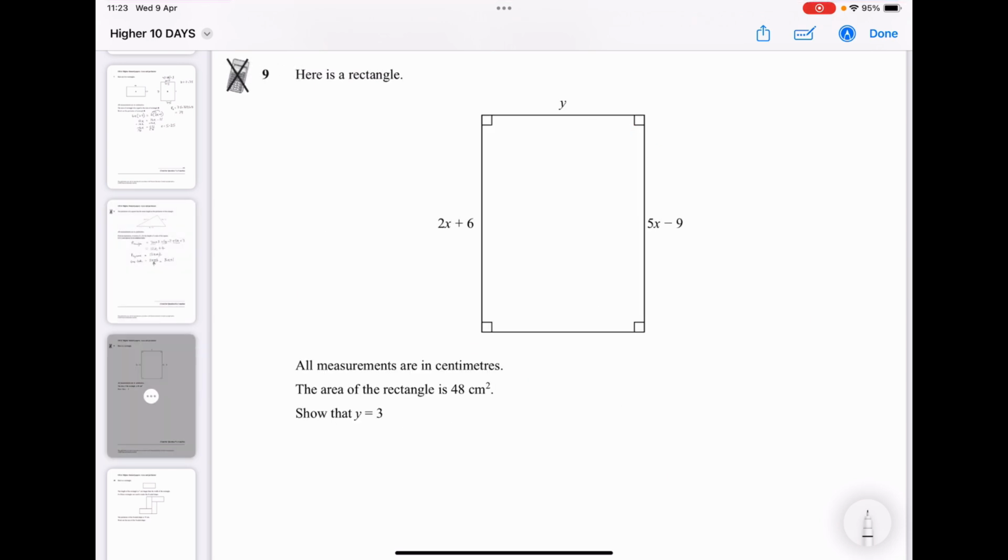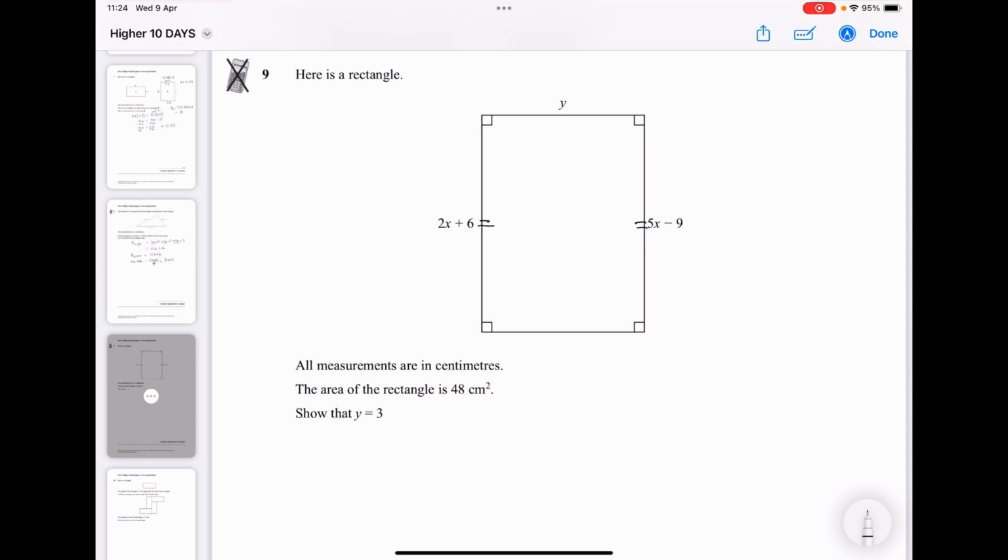Here is a rectangle. All measurements are in centimetres. The area of the rectangle is 48 centimetres squared. Show that y equals 3. This is one of those questions that you could just get a little confused with. What you've got to realise here is that that and that are equal to each other.